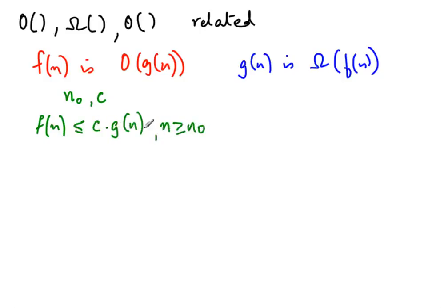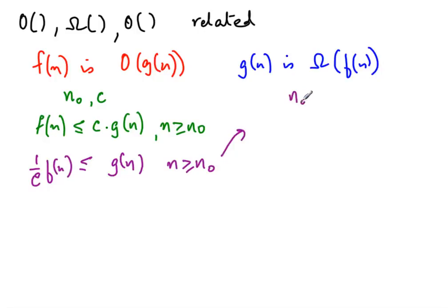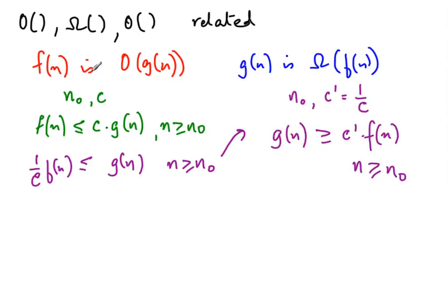This is the definition of big O. Now supposing we take this to the other side, then we get that g of n is bigger than or equal to 1 over c times f of n for all n greater than or equal to n0. So we can say there exists an n0 and a constant c prime, which is 1 over the old c, such that g of n is greater than or equal to c prime times f of n for all n greater than or equal to n0. In other words, if f of n is O of g of n, then g of n is omega of f of n, and conversely. So this is an if and only if.